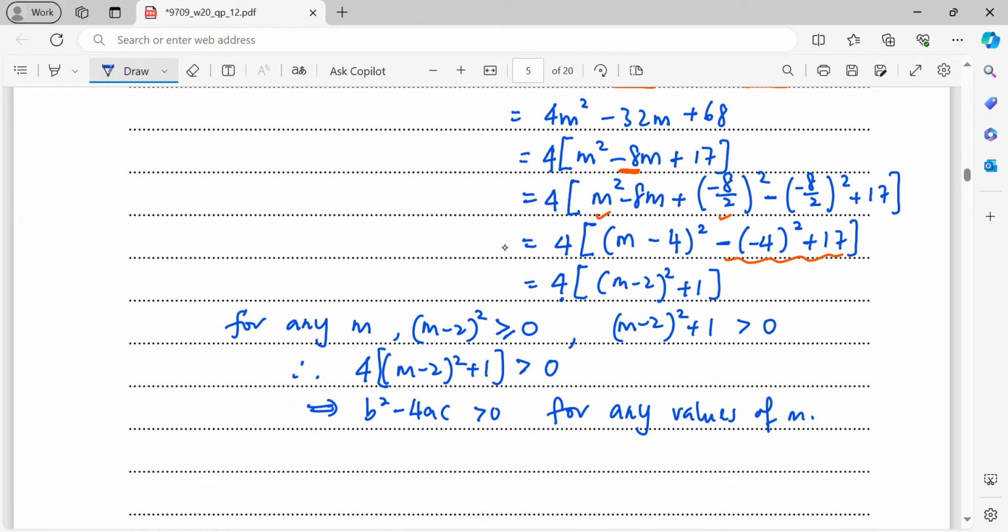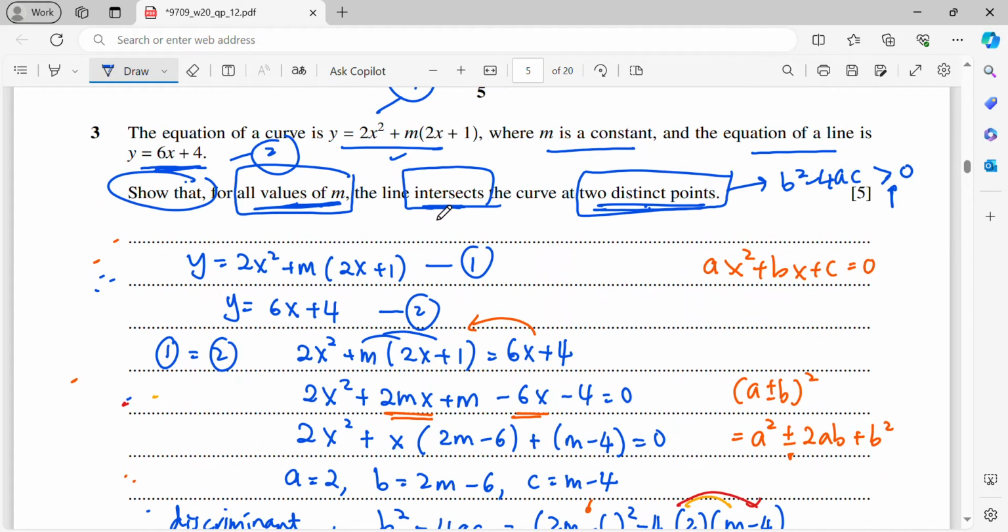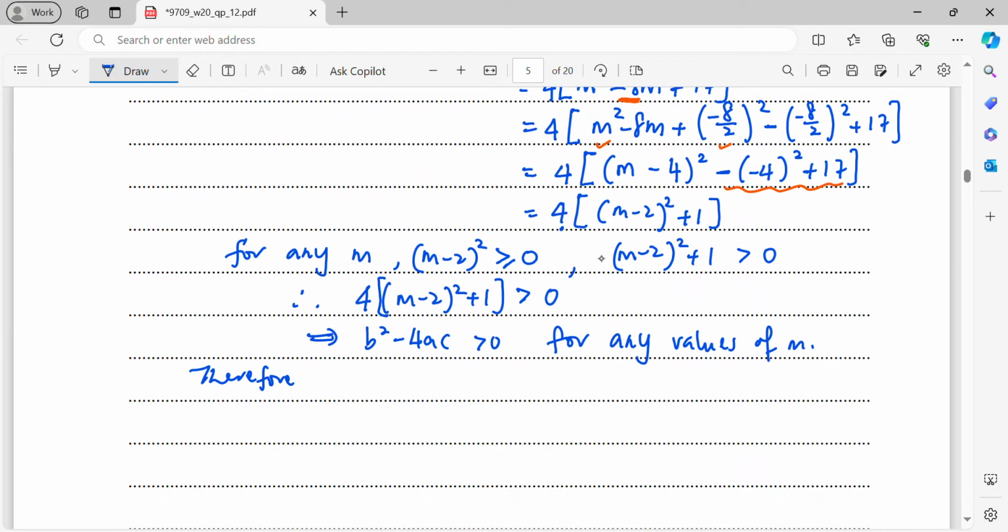Now, therefore, the line intersects the curve when b squared minus 4ac is more than 0, which means 2 real roots.